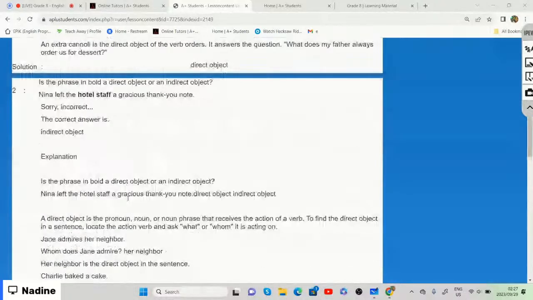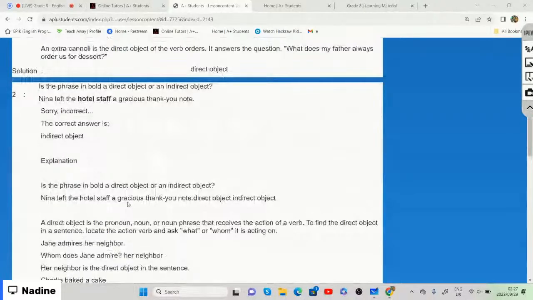We need to say if the phrase in bold is a direct object or an indirect object. Nina left the hotel staff a gracious thank you note. Hotel staff.